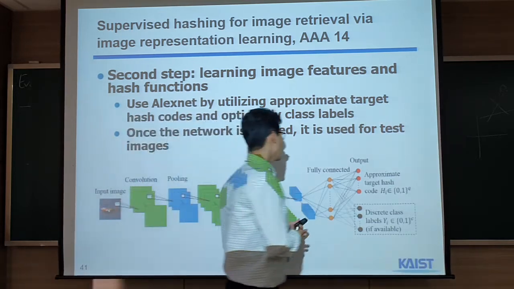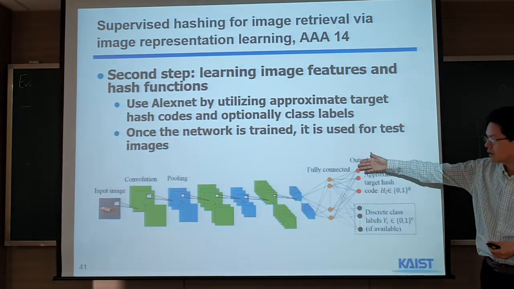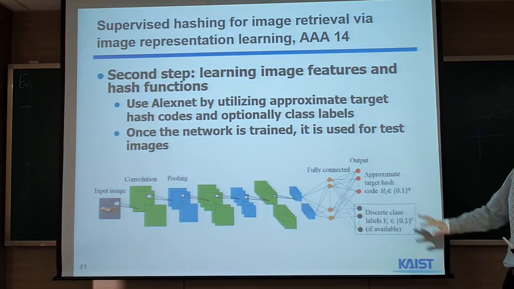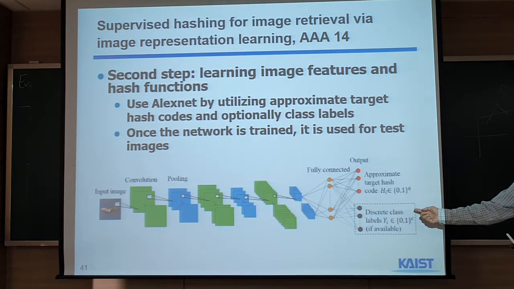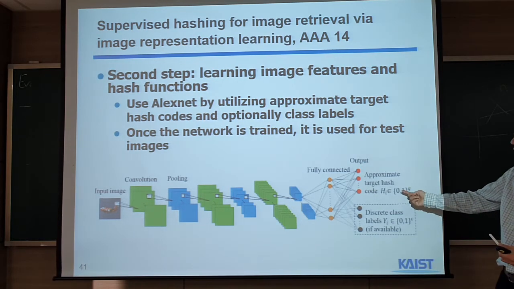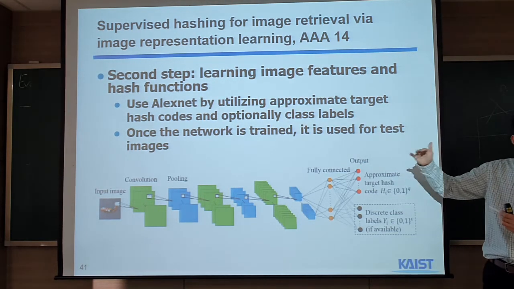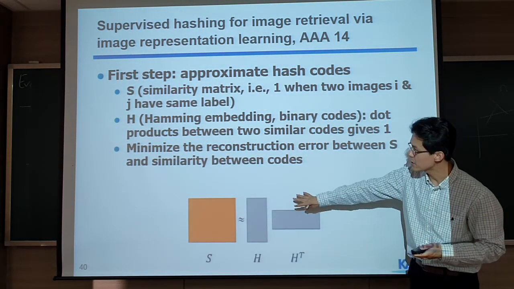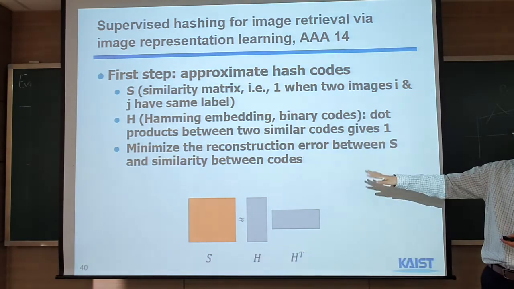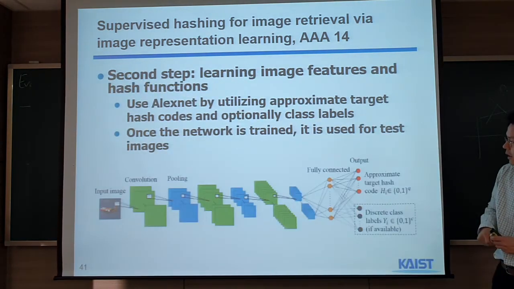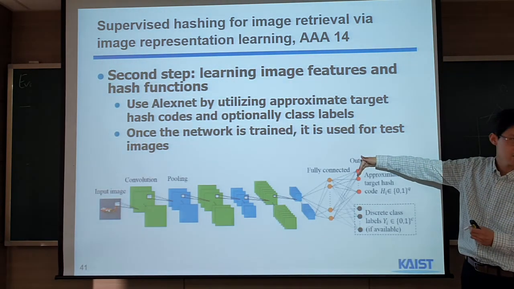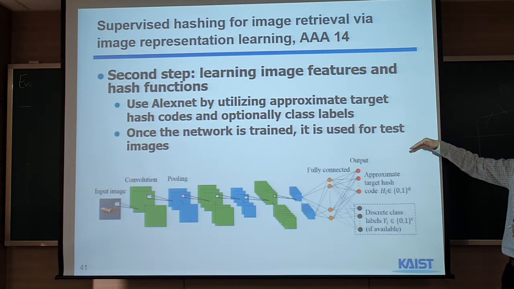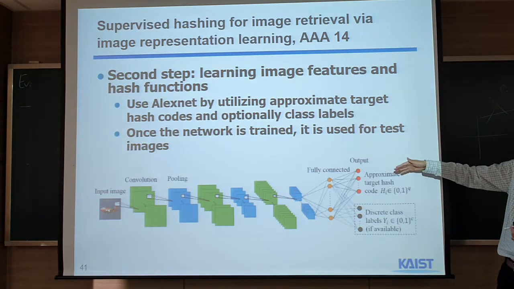At the end, we use a fully connected layer, and I would say this Hamming code is the approximate Hamming code, the binary code, and then we have some sort of classification that follows our computed approximate target hash code.